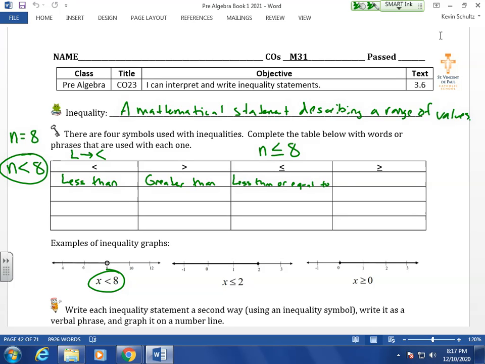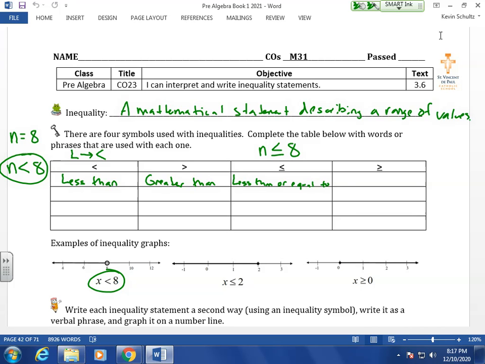Because if I need a number less than 8, 8 is not less than 8. It's not less than itself. However, if I have a less than or equal to symbol, n is less than or equal to 8, well, now 8 can be a solution because 8 is less than or equal to 8.